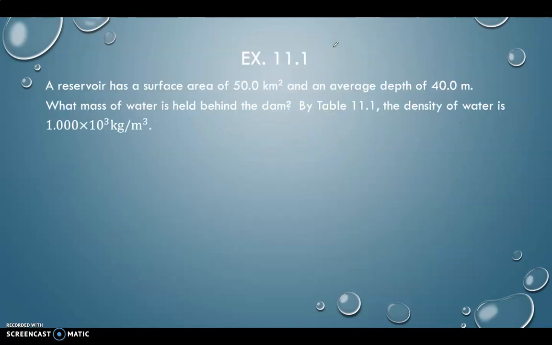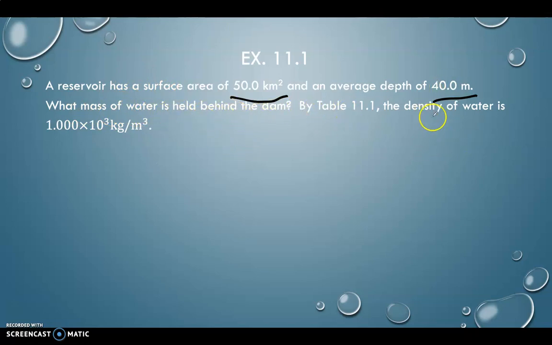We will use this in the next couple of slides. This first one, we have an example, and it states a reservoir has a surface area of 50 kilometers squared and an average depth of 40 meters. What mass of water is held behind the dam?